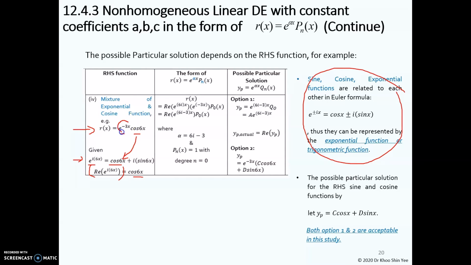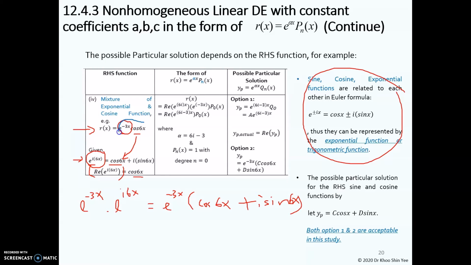If you multiply the exponential negative 3x with the exponential i6x, then you will obtain exponential negative 3x multiplied with cos 6x plus i sine 6x.